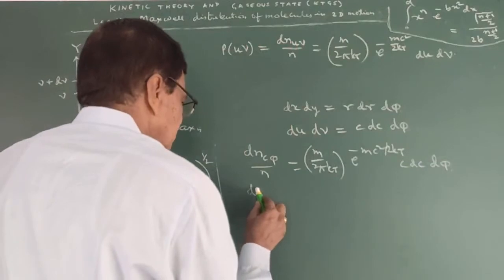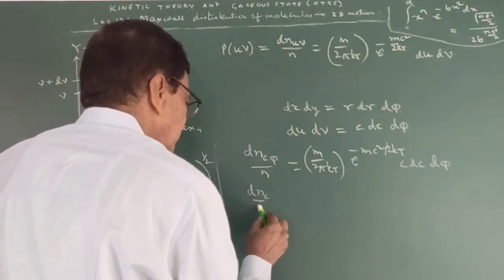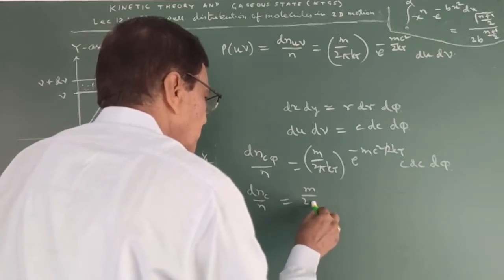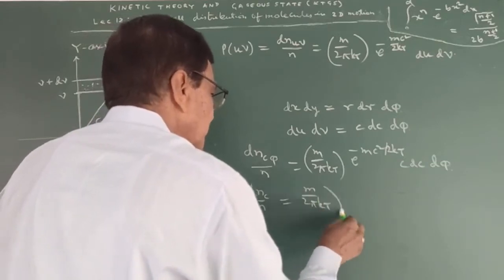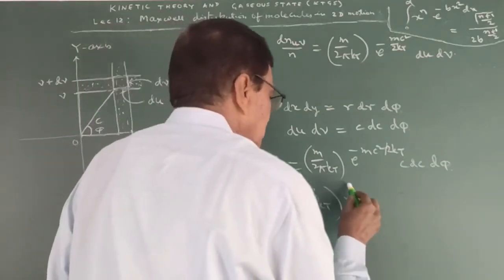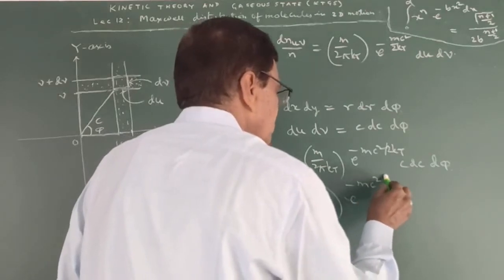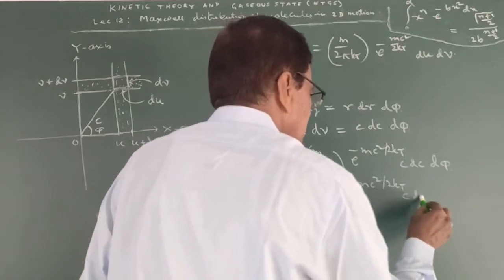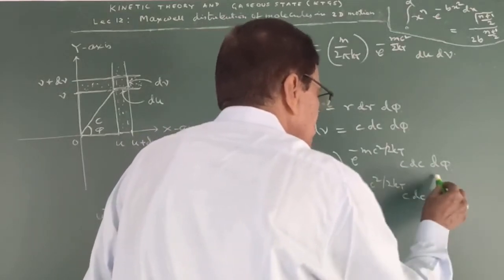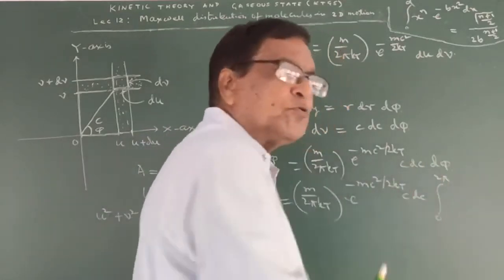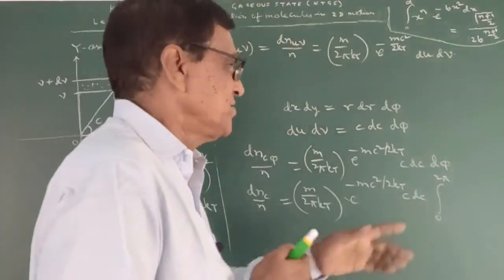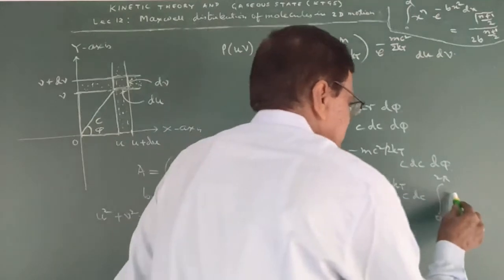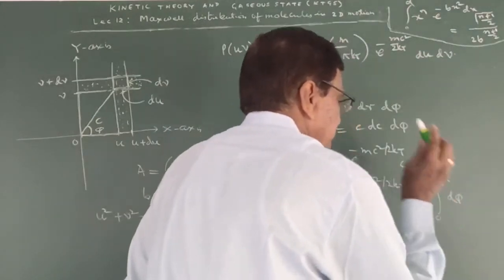In that case, dN(c) by N equals m by 2 pi kT, and here e to the power minus m c squared by 2kT, and here c dc, and the range 0 to 2 pi is the range of the azimuthal angle, and here it is d phi.